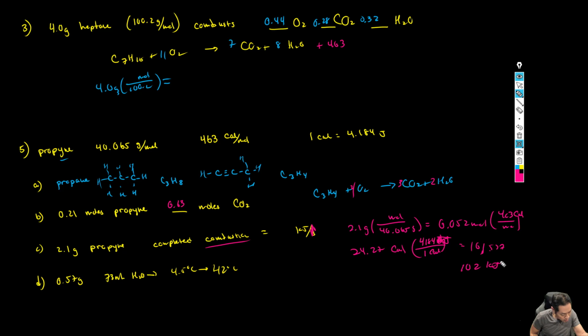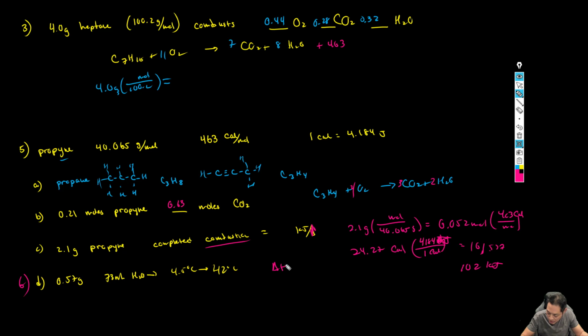And let's see, 5, I think that's it. Oh, 6. So if we have the following, make sure I'm doing it right. So we're going to burn some paraffin, which is C25H52. And 73 milliliters of water is going to go from here to here.